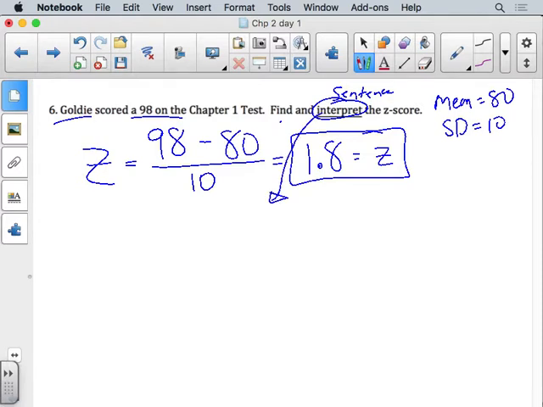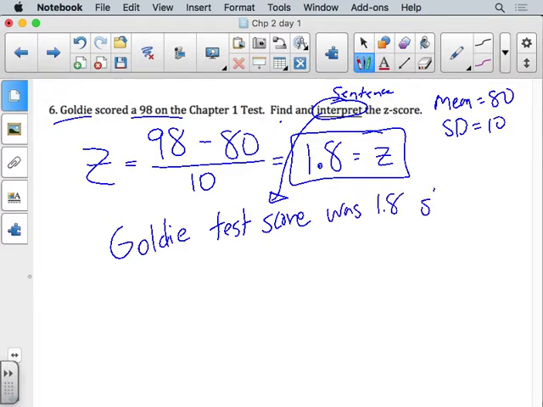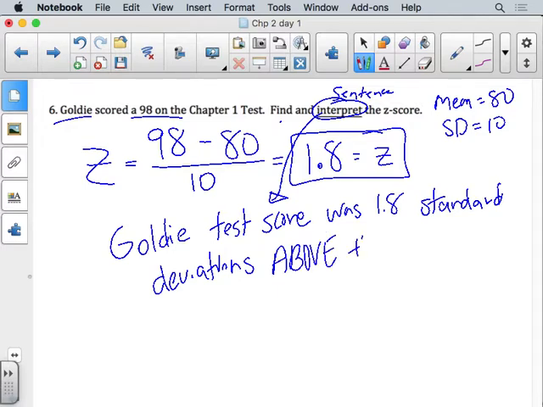So what does a z-score mean? That means that Goldie's test score, so his value, was 1.8 standard deviations, and since it was positive, he was 1.8 standard deviations above the mean.